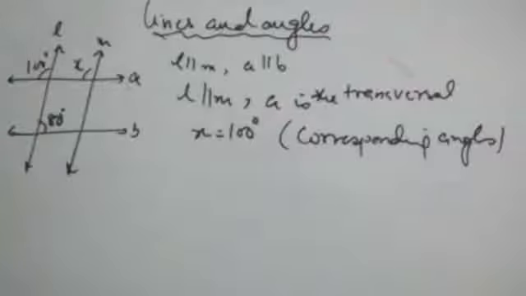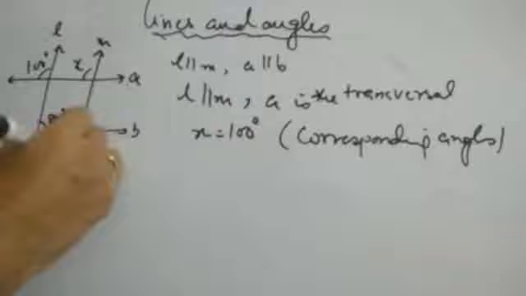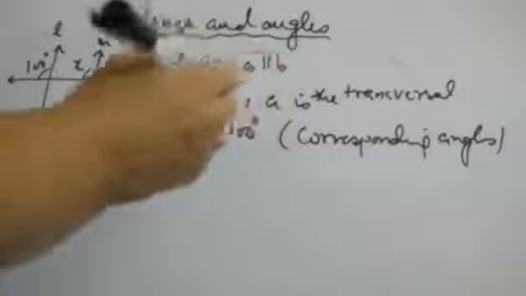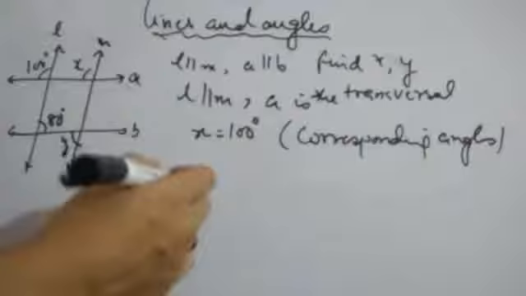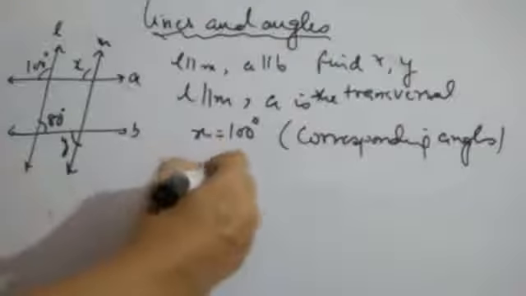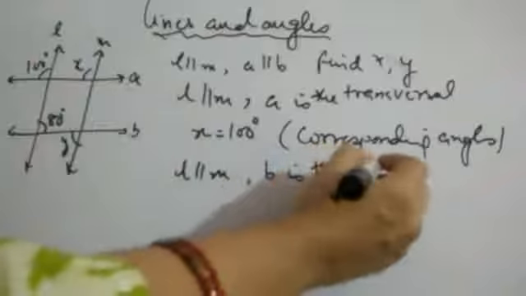Now suppose there was an angle Y over here. You also have to find out Y. You have to find out X and Y. X you have found out, now Y. L is parallel to M again and B is the transversal.